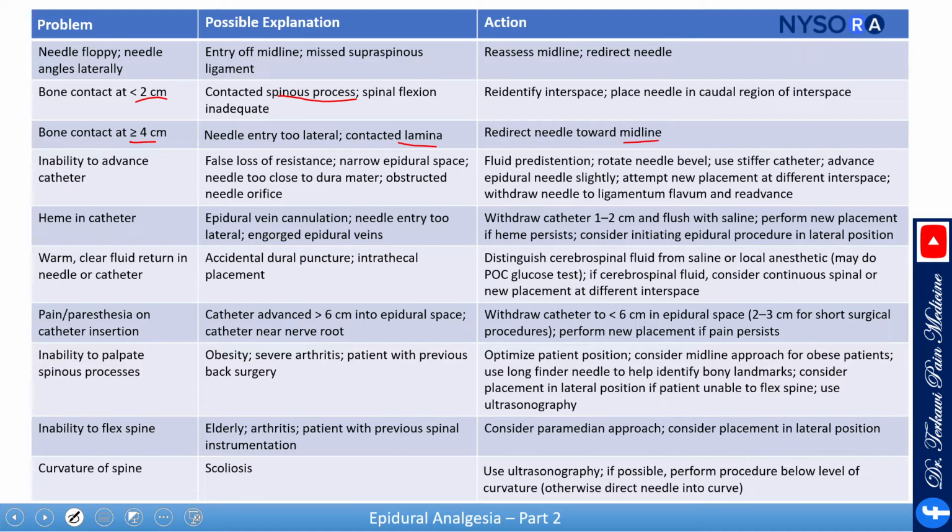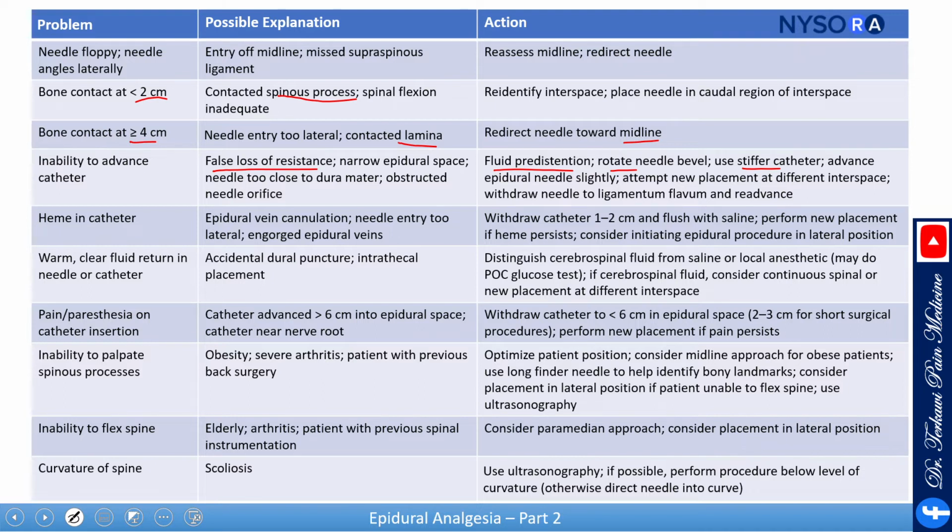Inability to advance the catheter: that's most likely a false loss of resistance, a narrow epidural space, the needle too close to the dura mater, or an obstructed needle orifice. So what we need to do is give some fluid, rotate the needle, pivot, maybe use a softer catheter, or advance the epidural needle slightly.